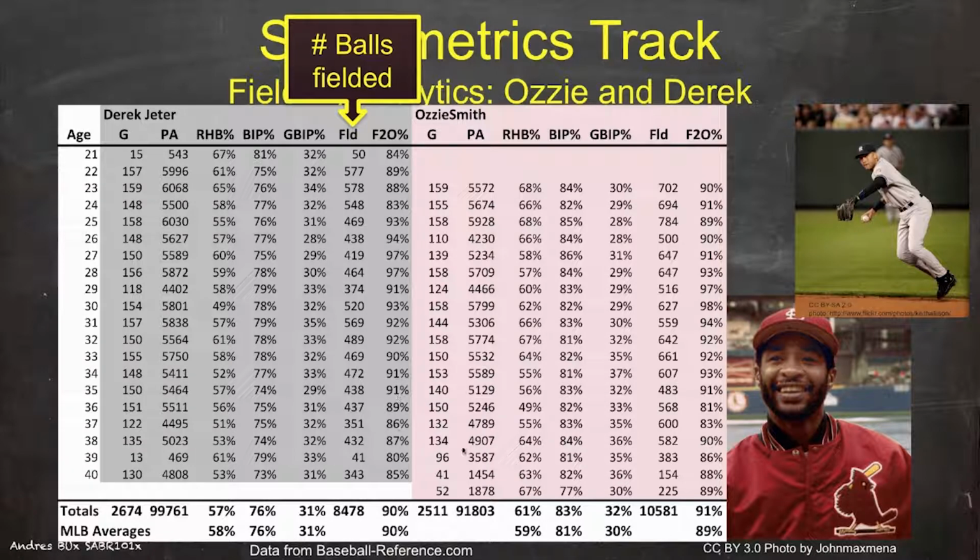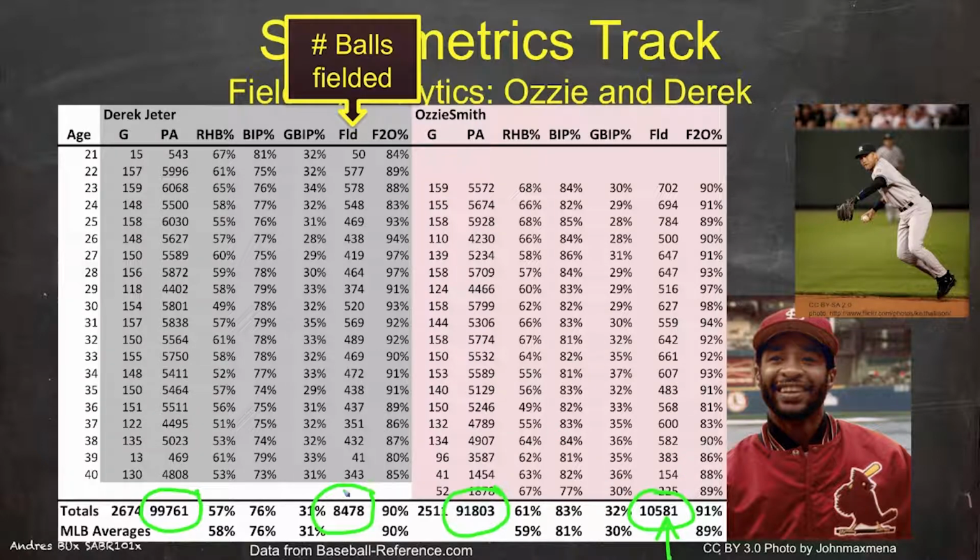And you can see this big discrepancy between Jeter and Smith. There are many more balls fielded by Ozzie Smith, over 2,000 more than Derek Jeter. And he did it in less plate appearances, 99,700 plus versus 91,800 plus.